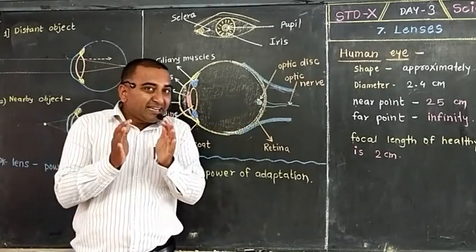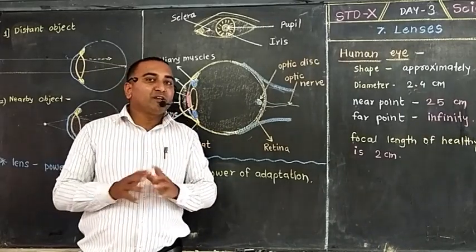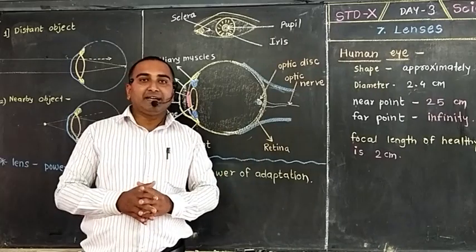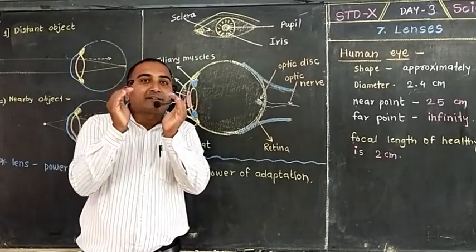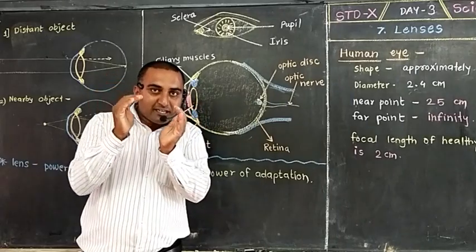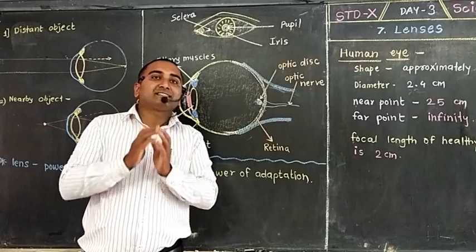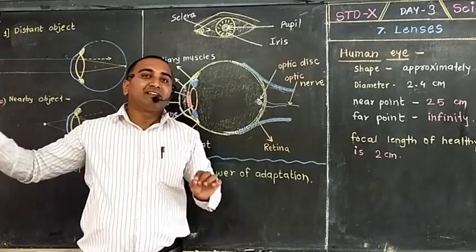So less light is necessary to enter the eye, and when the surrounding has more light, the pupil will contract. It changes its diameter, and because of the smaller diameter, less light enters.